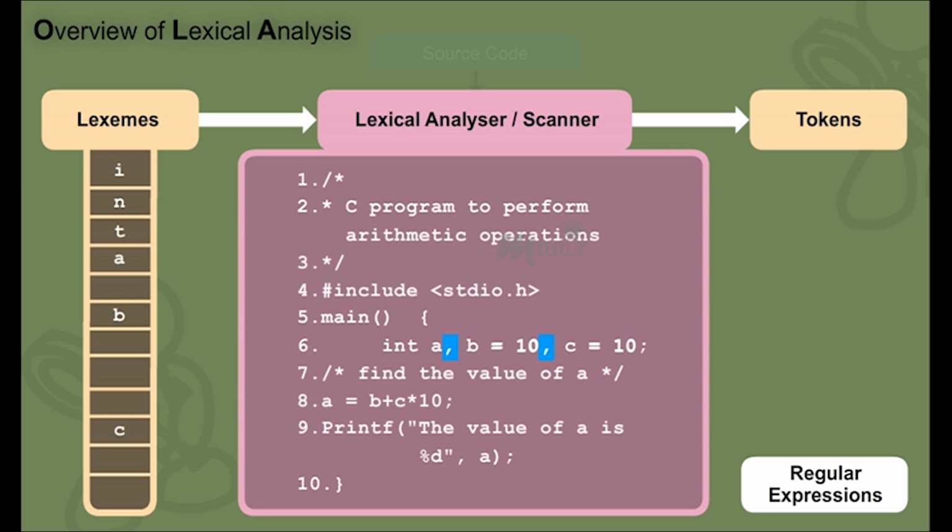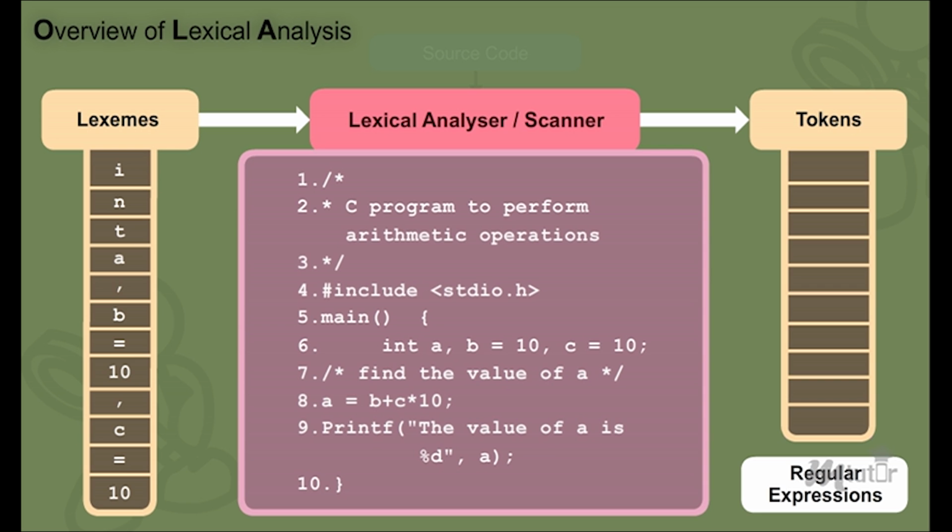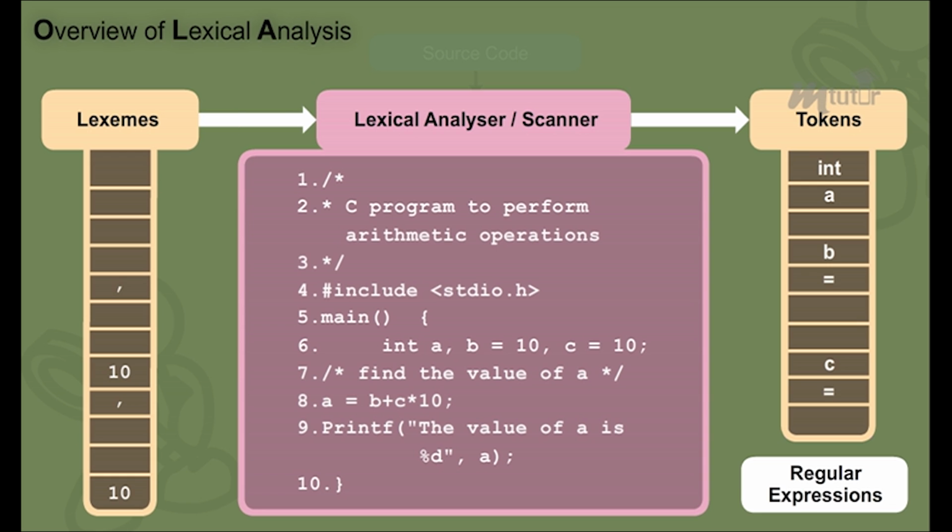Similarly, comma, 10 and equal to are also lexemes. The lexical analyzer replaces the lexemes with tokens. For example, int is a token. Similarly, A, B, C, equal to, comma and 10 are also tokens.